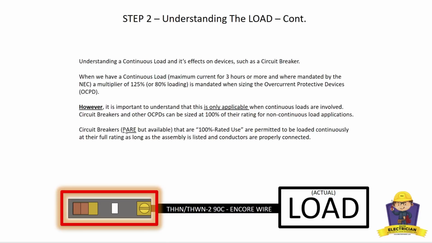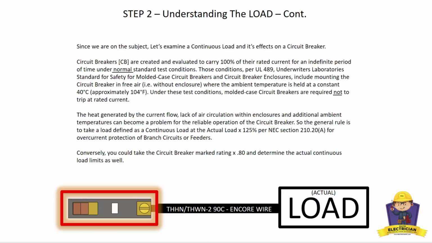Now, there are breakers available, like I said, they're rare, but they are out there, that are rated for 100% use. And you are permitted to load those to the continuous rating all the way up to full use. Again, if I have 20 amps of continuous load, I can put it on a 20 amp breaker that is rated for 100% of its rated use. That would not be the case for a regular standard circuit breaker.